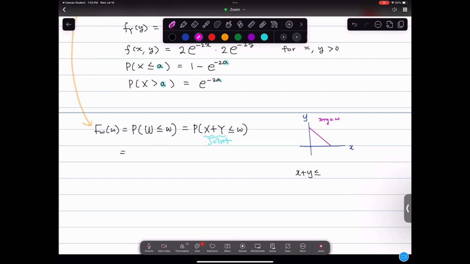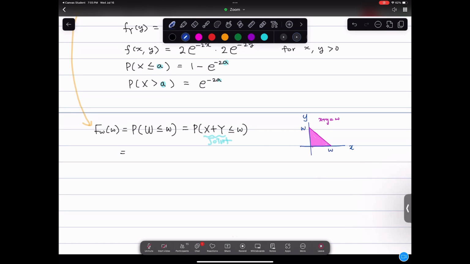I have to get the probability over that region in that support. So that's my w, and this is my w, whatever the value is.